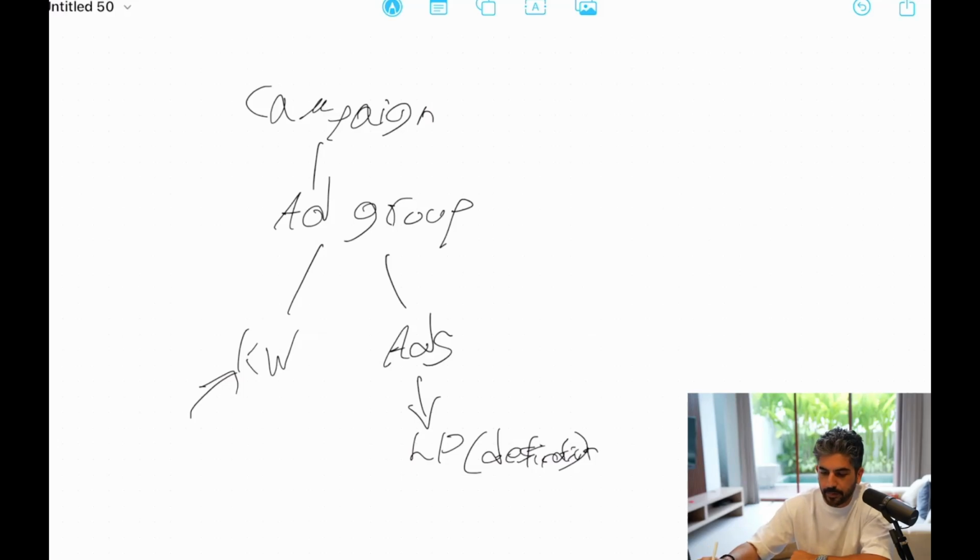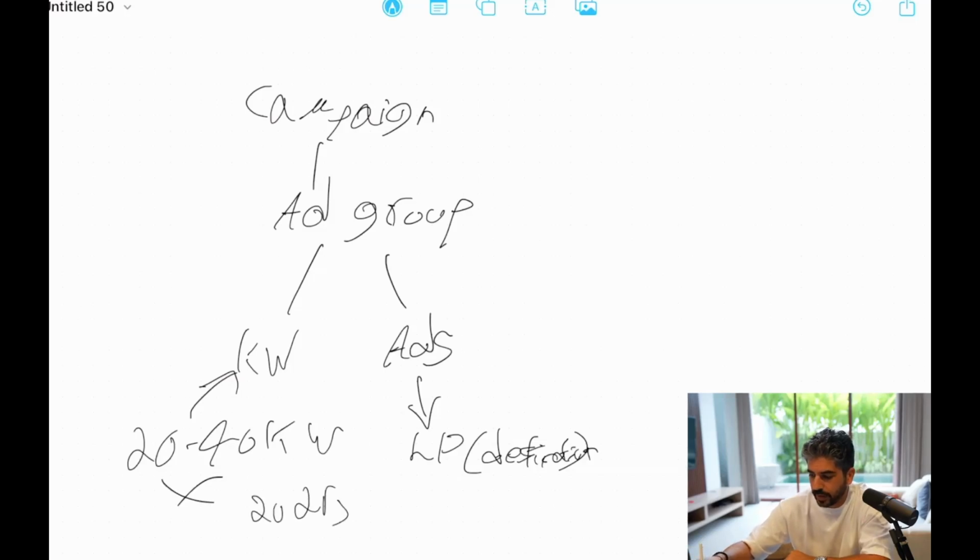How do you pick them? You do some very intense keyword research and so on. So maybe you had, let's say, 20 to 40 keywords per ad group. Okay? This is not relevant, and not just that it's not relevant, this is a wrong approach in 2025.